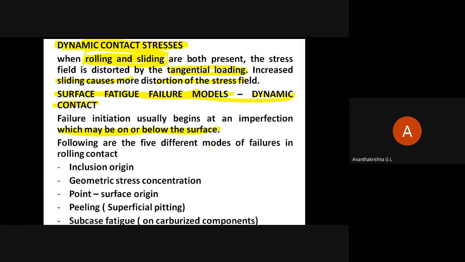What are the 5 different modes of failure in rolling contact? Inclusion origin, geometric stress concentration, point surface origin, peeling, and then subcase fatigue. These are the 5 different modes of failure in the case of rolling contact.